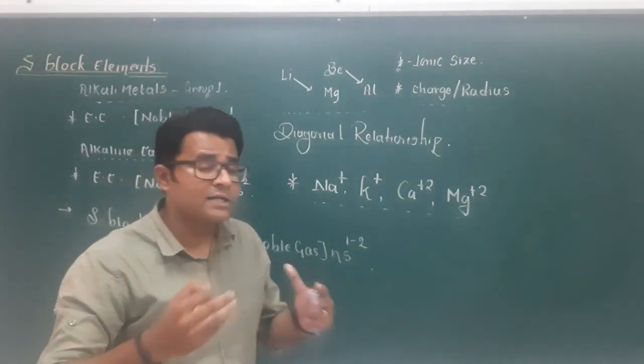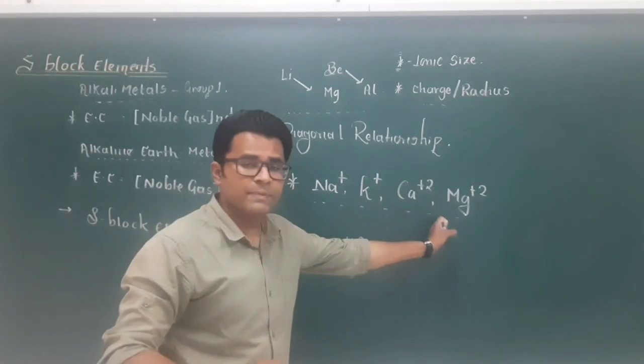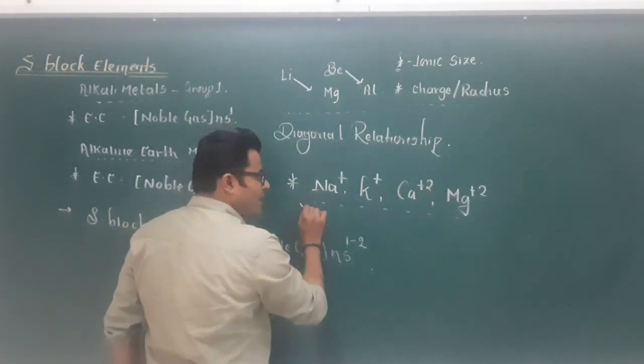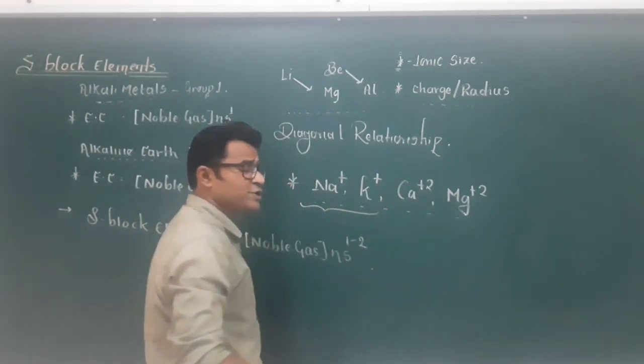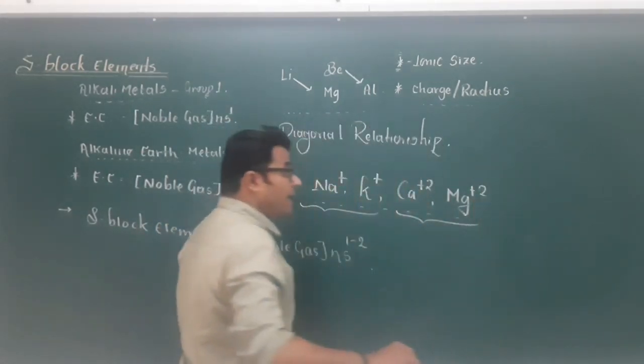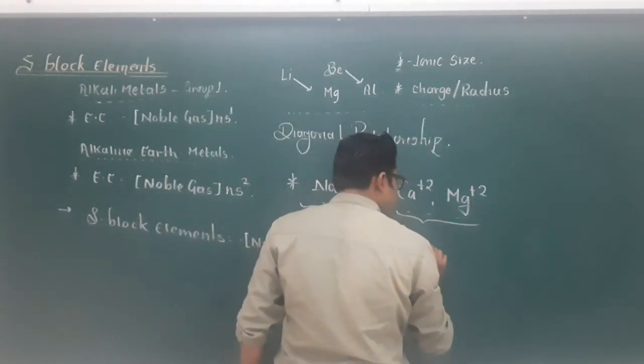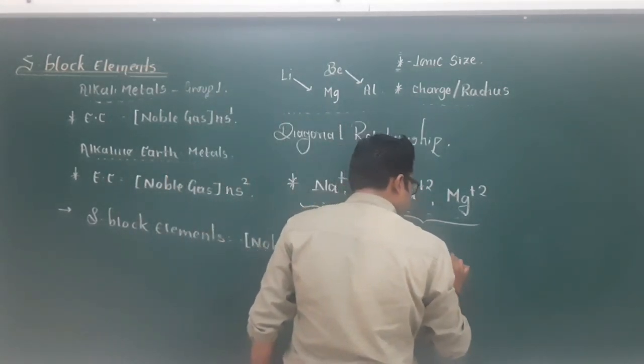They are found largely in biological fluids. So you need to remember these cases: the monovalent ions sodium and potassium, and the bivalent ions calcium and magnesium.